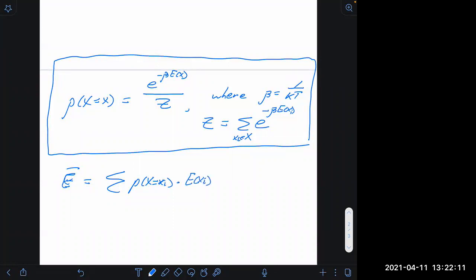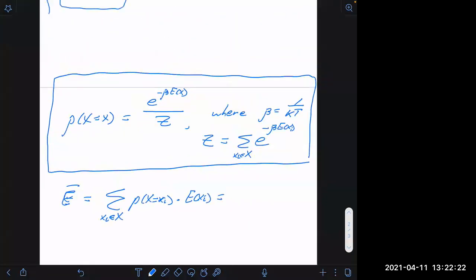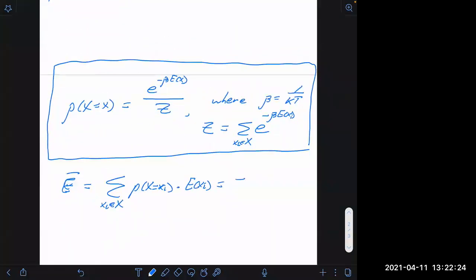And if we did some math, but we're not going to do much math here because we just want to sprint through this argument, this would actually be the negative derivative of the logarithm of Z with respect to beta. Again, Z is the normalization factor, which is the sum of all the possible numerators of our probability distribution, and beta is 1 over kT.